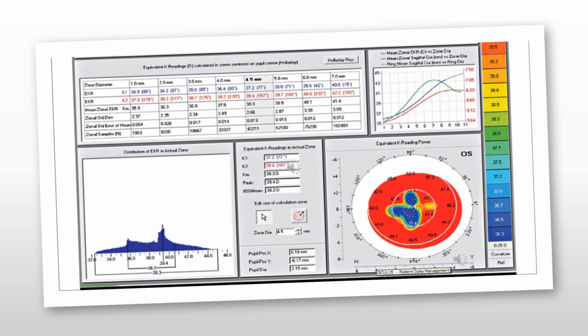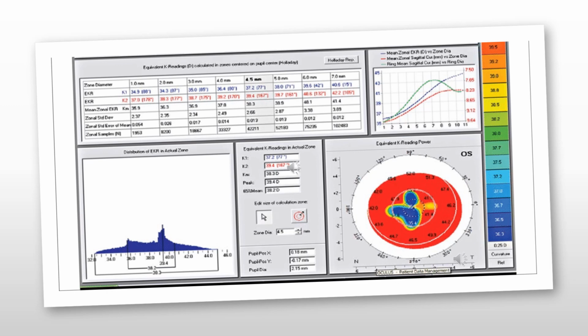For myopic Lasik patients' IOL calculations, do you need a 7 millimeter value or a 6 millimeter value? Probably not. You'd want to take the measurement values like the keratometer from the visual axis. So you might go with a 3 millimeter or a 4 millimeter or a 4.5 millimeter. So that's up to you.